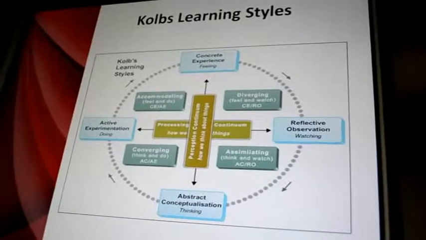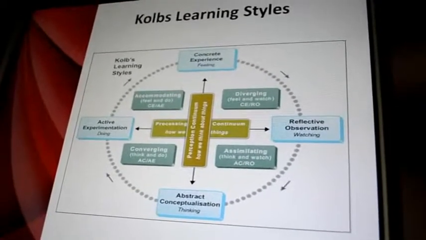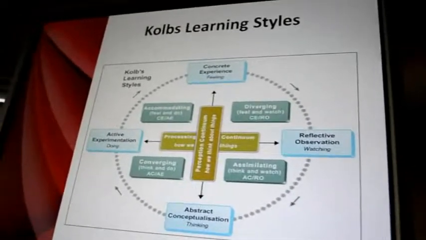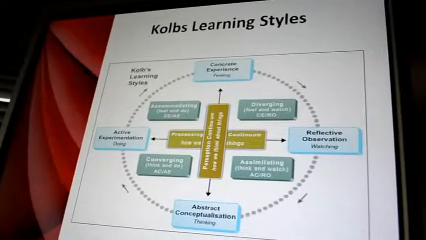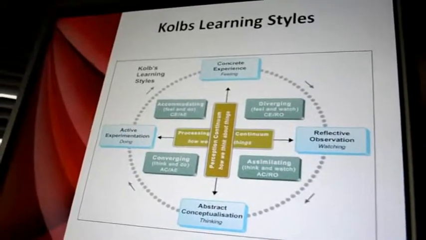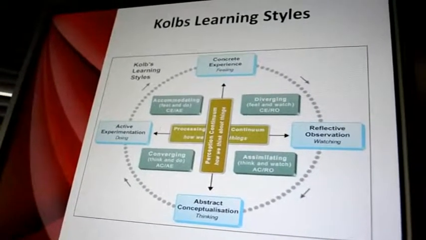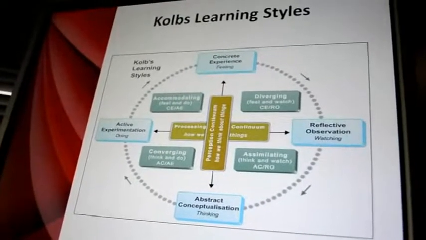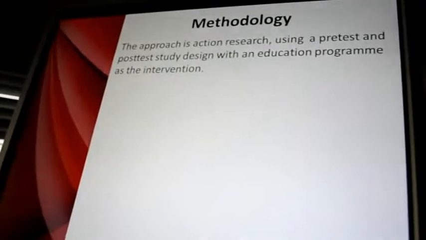People with this style prefer readings, lectures, and analytical models. The diverger combines concrete experience with reflective observation and tends to gather information and uses imagination to solve problems. The accommodator combines concrete experience with active experimentation and reflects a hands-on learning style. This type of learner relies on intuition rather than logic.